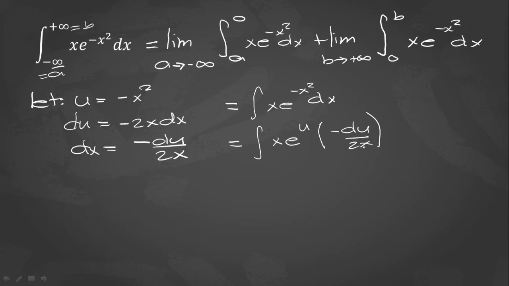So you can cancel out the x here, and we have a constant of negative 1/2, because we have negative 1/2 integral of e raised to u du. Now the integral of e raised to u is simply e raised to u. So we will have negative 1/2 multiplied by e raised to u, which is e raised to negative x squared.